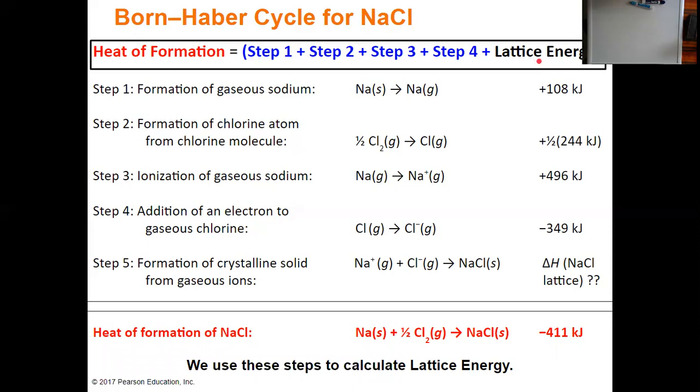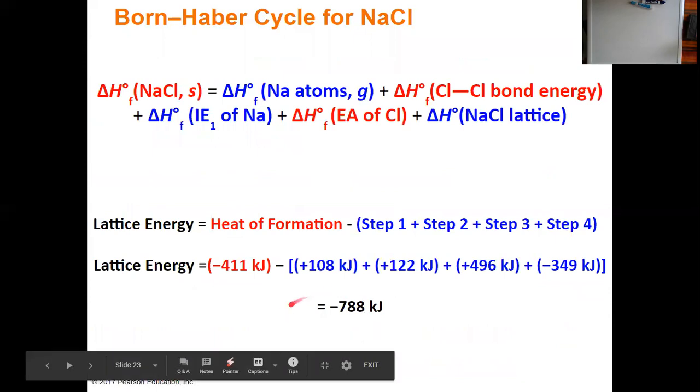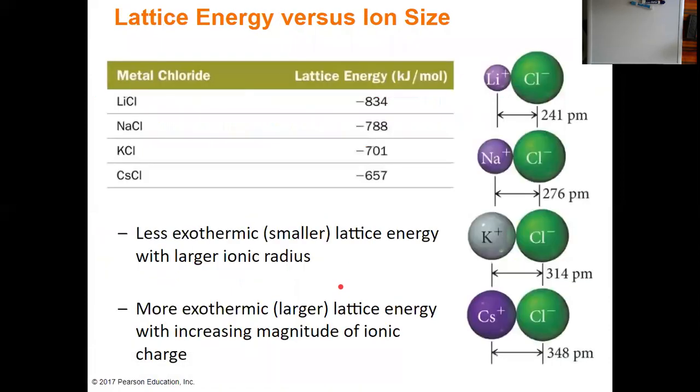So if we take this equation and solve it for lattice energy, it turns out that it's the heat of formation minus steps 1 through 4. If we add steps 1 through 4 together and subtract that from the heat of formation, what we're left with is the lattice energy, which is the energy that's released when that ionic compound is formed.